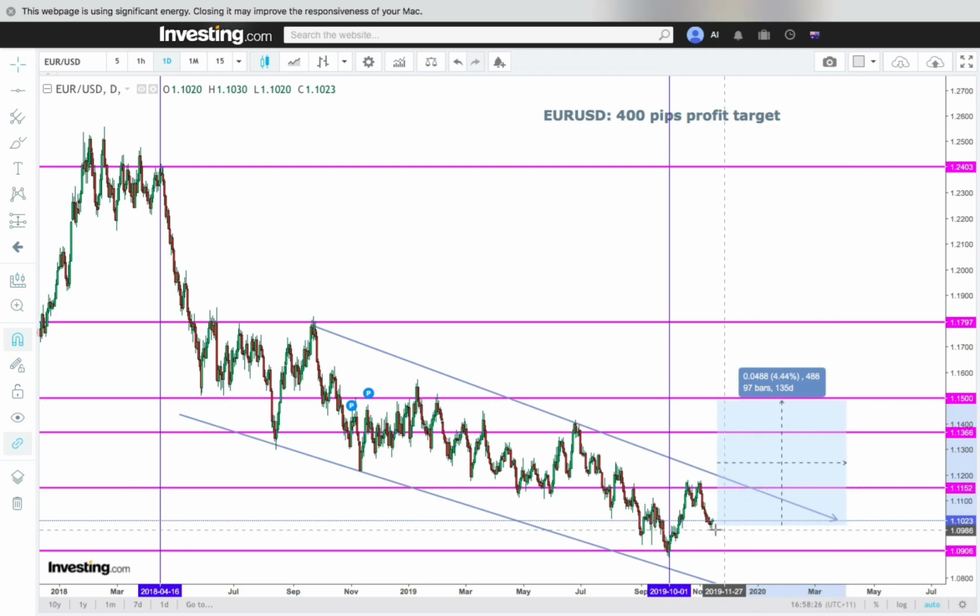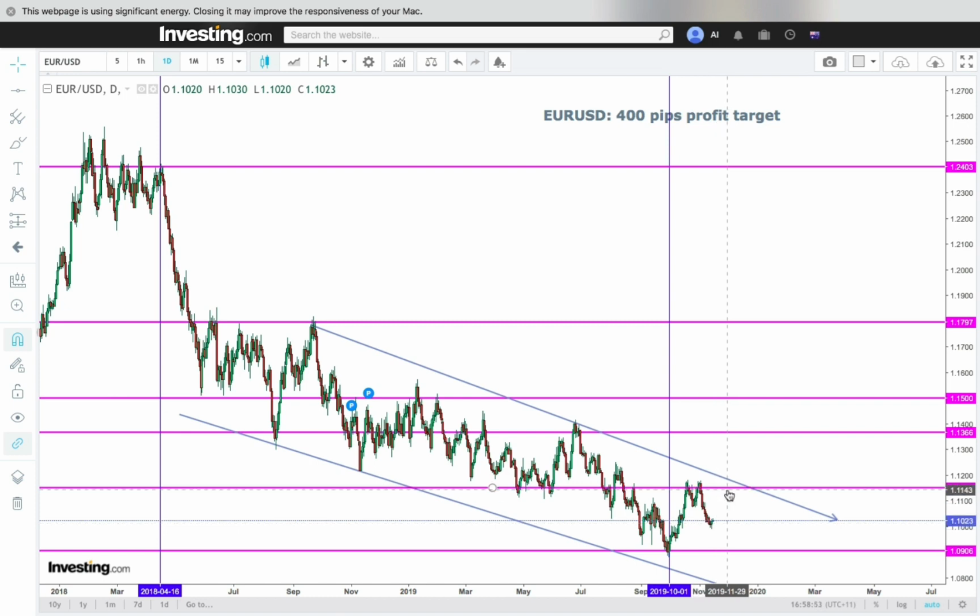As you can see, from here to here is about 488. So let's say 450 pips. All right, let's do 400. Forget about 450 or 500. Let's do 400. So there is a possibility you can make 400 pips from this one single pair, which is EURUSD.